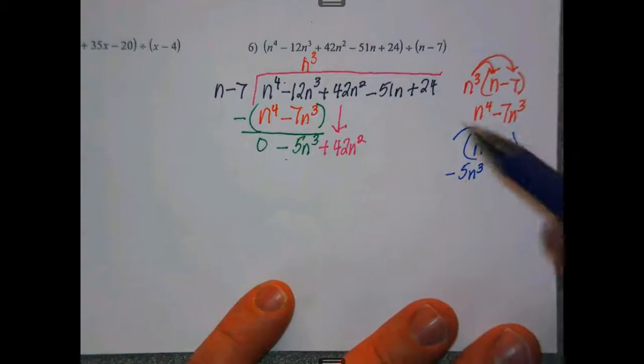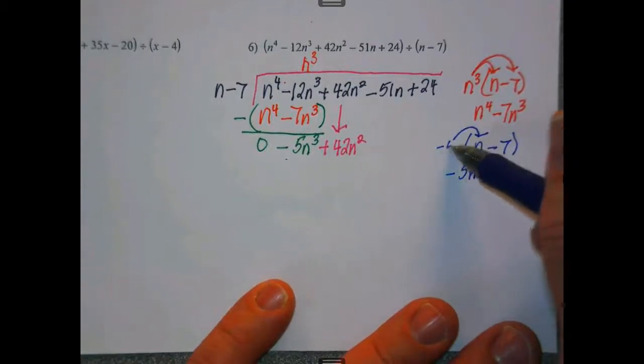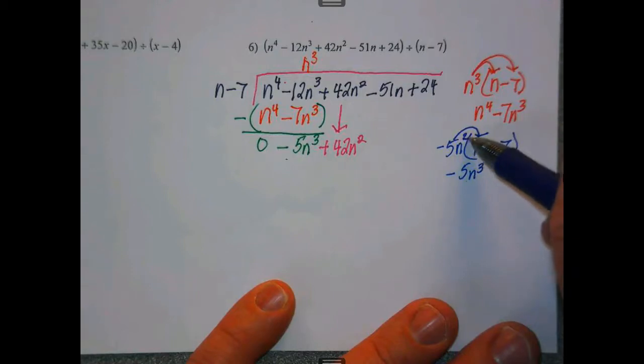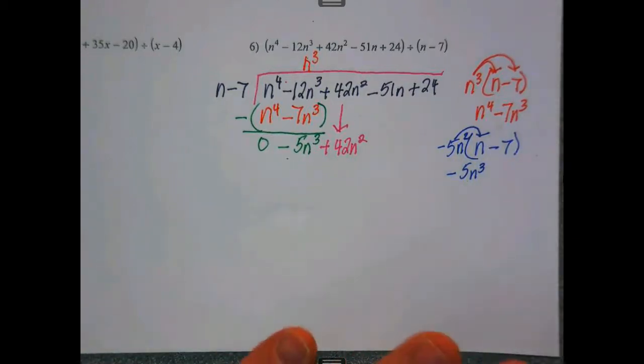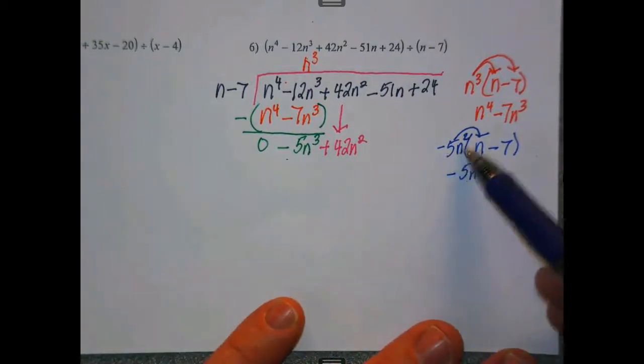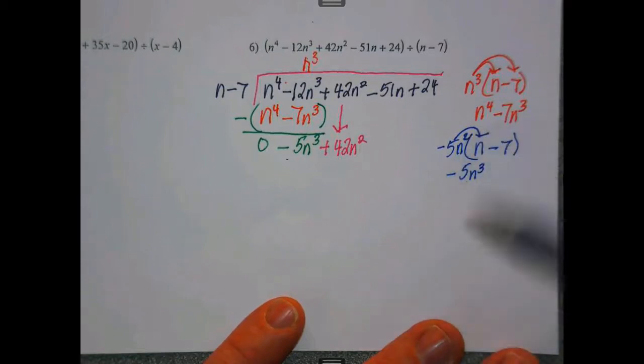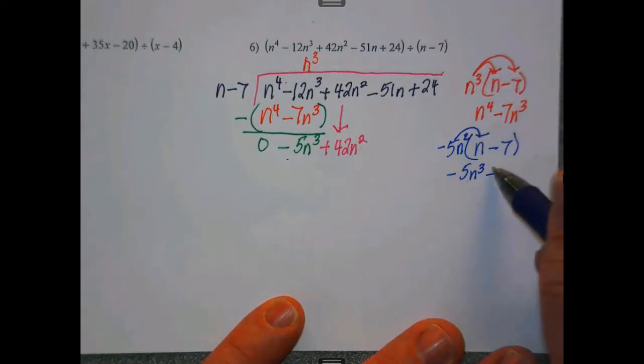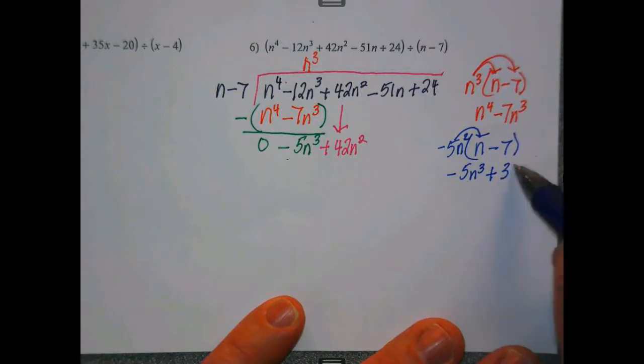See, I need a negative 5 and 2 n's, n squared. So negative 5n squared times negative 7 is a positive 35n squared.